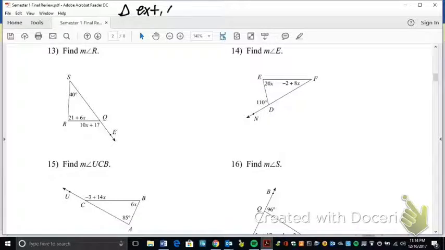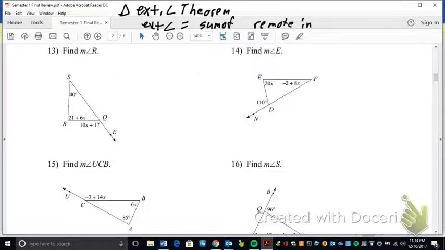Okay, so now these ones. Exterior angle theorem, okay? That means that the angle on the outside is equal to the sum of the two angles on the inside. So we go exterior angle, sum of remote interior angles. So the angle on the outside, 10x plus 17, equals the sum of the angles on the inside, 21 plus 6x plus 40, and then it's just algebra, guys.